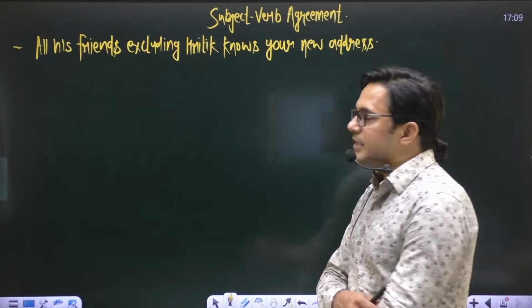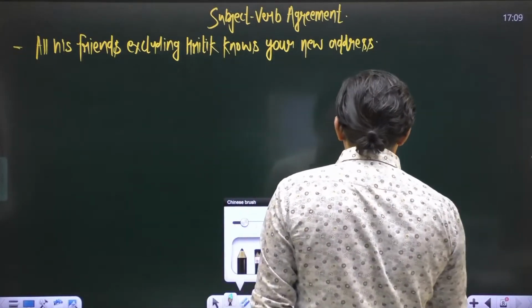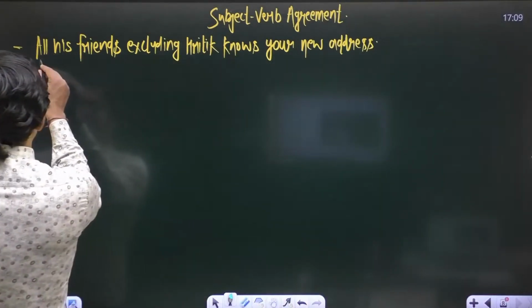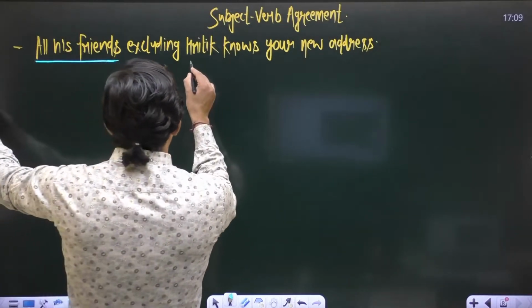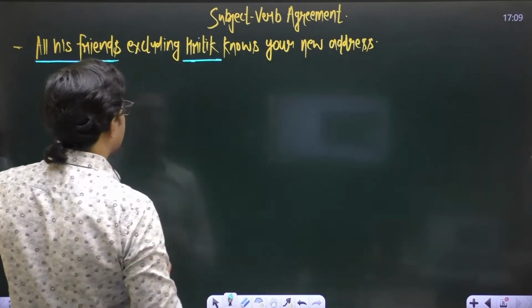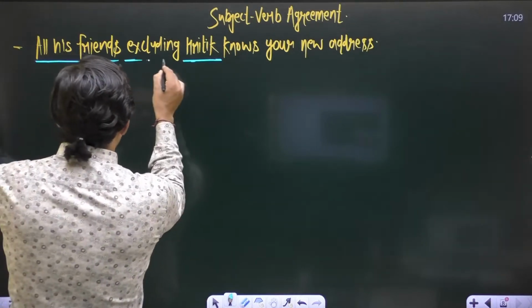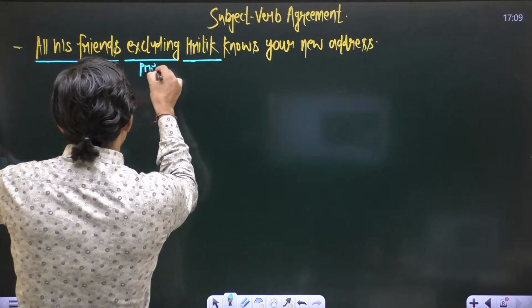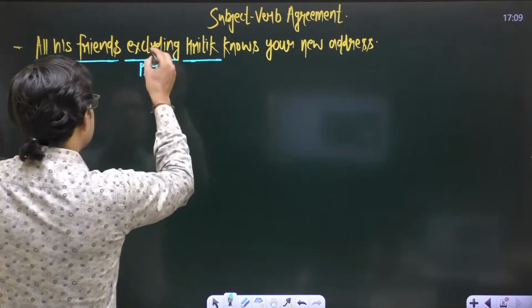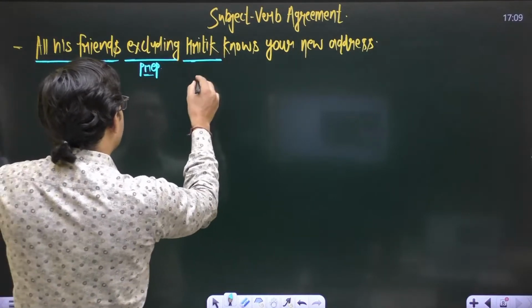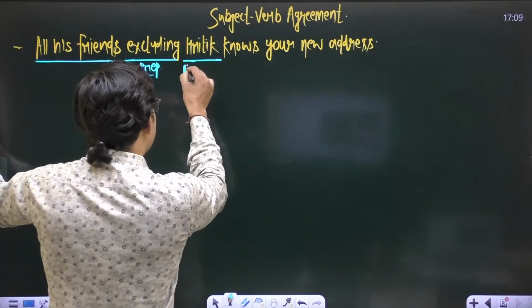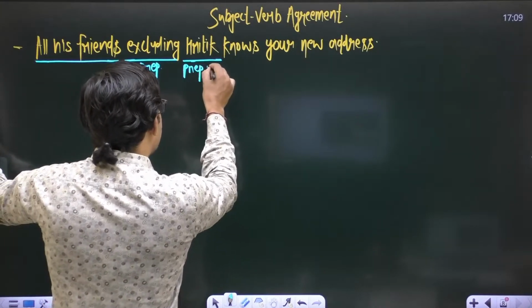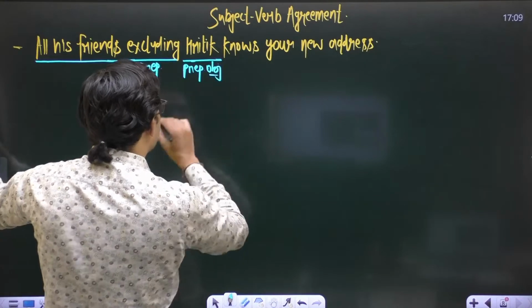Okay, in this sentence, do you know we have a noun? We have a noun, all his friends. This is the first noun, and the second noun is what? Ritik. Make sure this word excluding is a preposition, and whenever we use a preposition, after the preposition there must be a noun or pronoun, and this noun or pronoun after the preposition becomes the prepositional object.